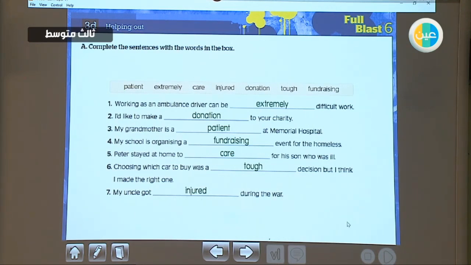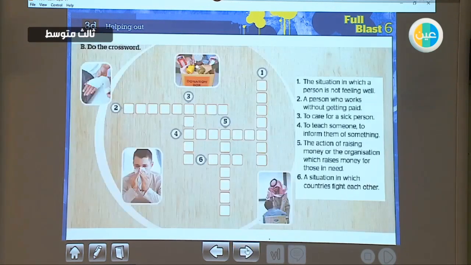Check your answers before we move to the following task. Now, this task you can do at home. You're going to do the crossword, putting the word that stands for each meaning.